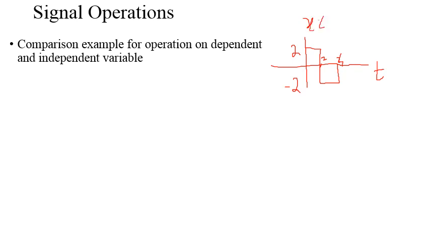Now we are just going to perform an operation. For example, I say y1 of t equals, taking the scaling factor of -2, so y1 of t equals -2 x of t.